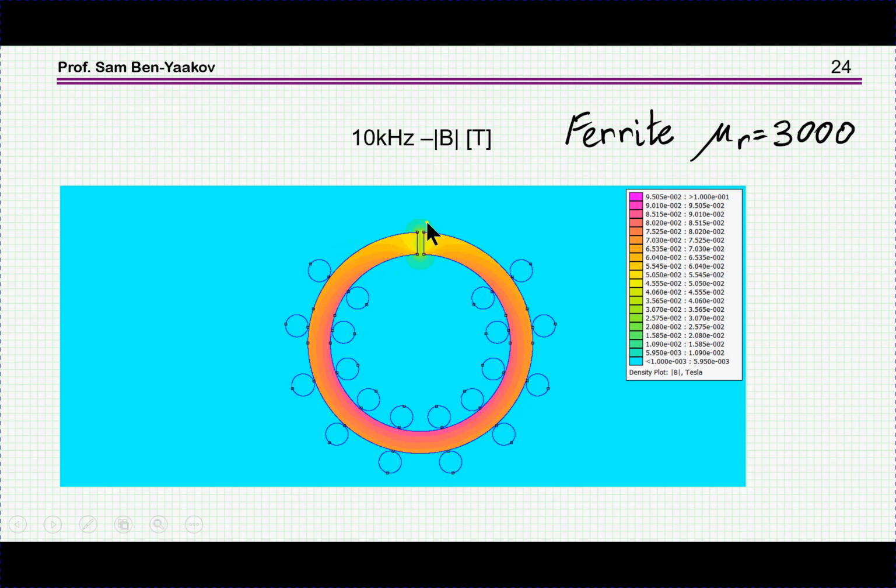However, there is some fringing here, so it dilutes the density of the magnetic flux a little bit, and therefore the magnetic flux density within the gap is lower than here due to this spreading of the lines. Okay, so this is why we see it at a lower intensity than within the ferrite.